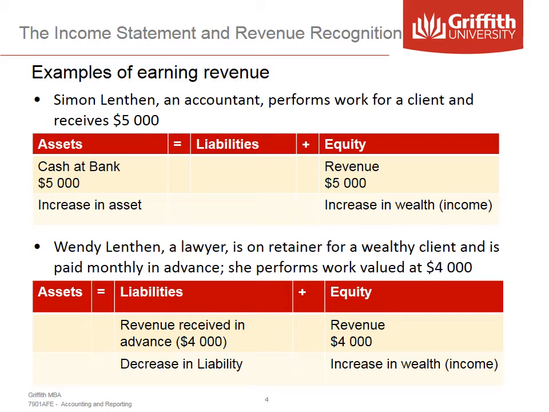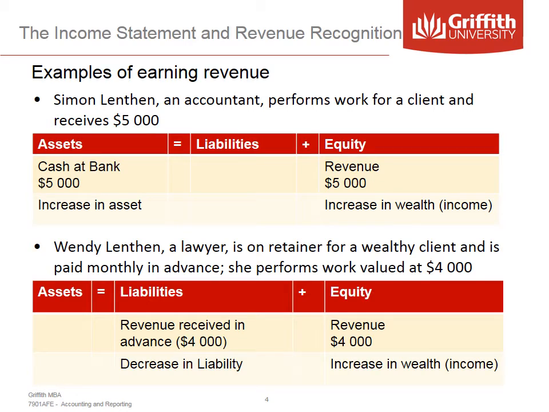And as she works through whatever issues come onto her desk, she earns the $4,000, but she is initially paid in advance. So she receives the money, but she can't count that money as having been earned. And so look at what happens here.